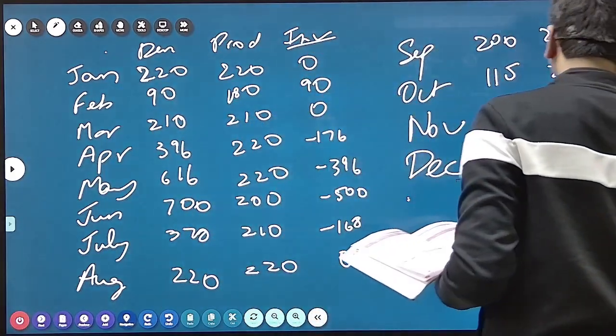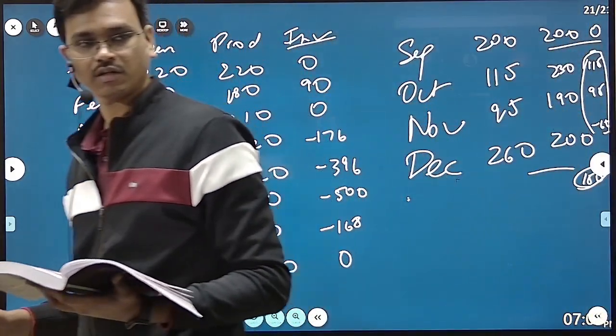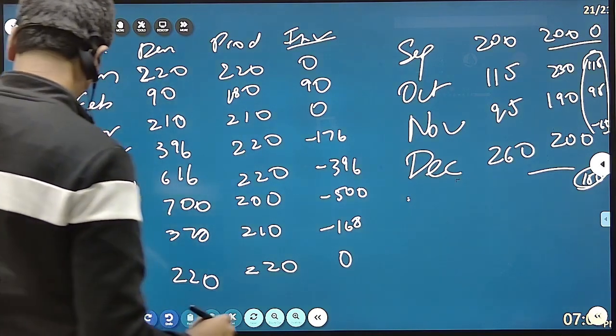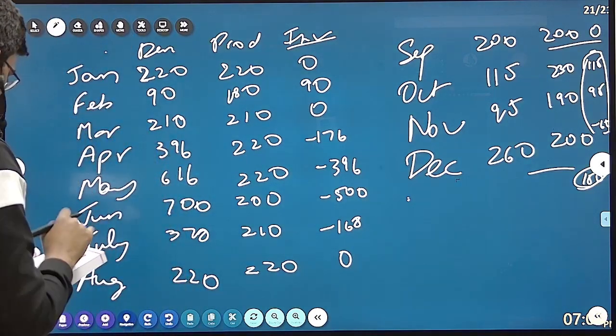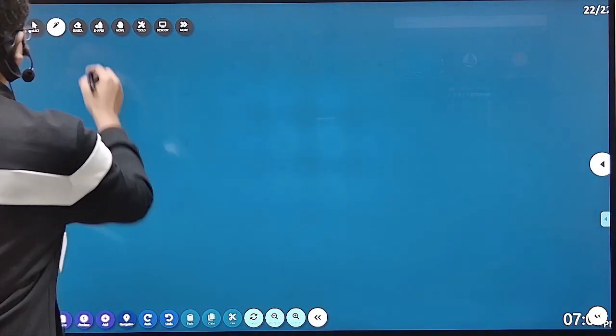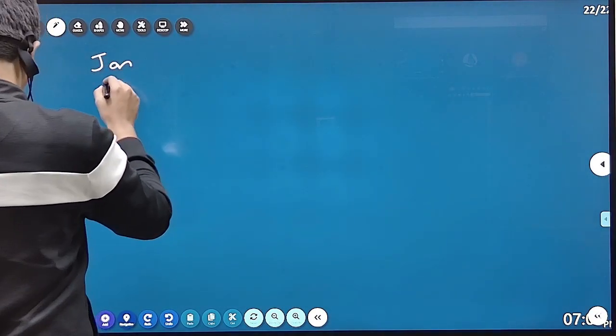So 150 should be your opening balance, correct? Okay, so let us quickly calculate.